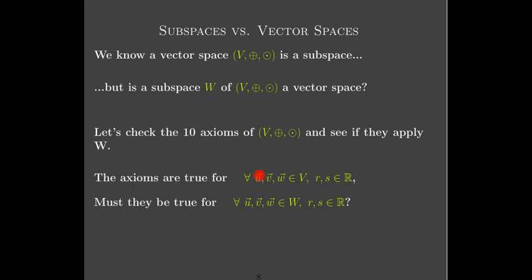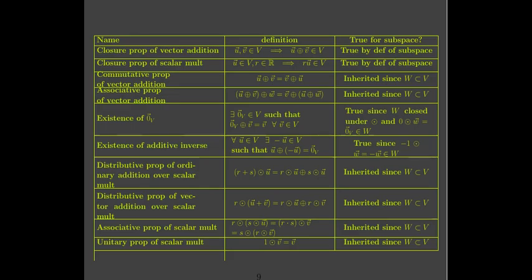Well, we know that if you take any vectors u, v, w in the parent space and any real scalars, those 10 axioms are going to be true. So what if I take 3 vectors from W, our subspace, and 2 scalars, which are real numbers? Will the other axioms be true? I don't want to go through all of these, but the first 2 we know are true because that's the definition of a subspace.